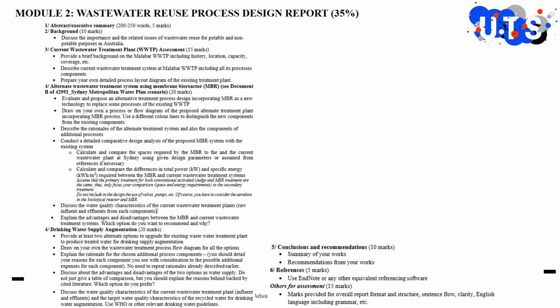In the learning material you can see the Australian drinking water guidelines, so you can also utilize this information, and include references, as in your professional report writing. So that's module 2.